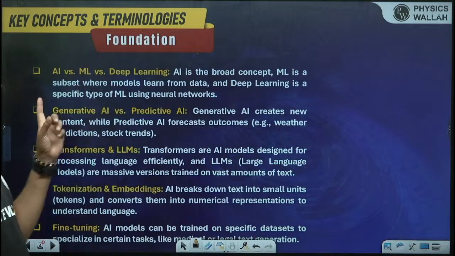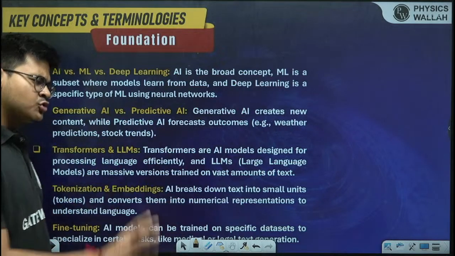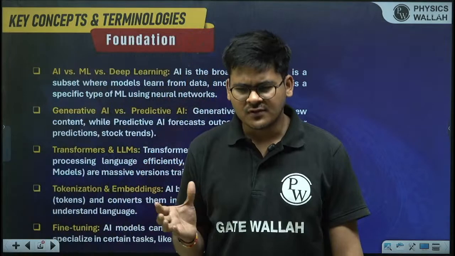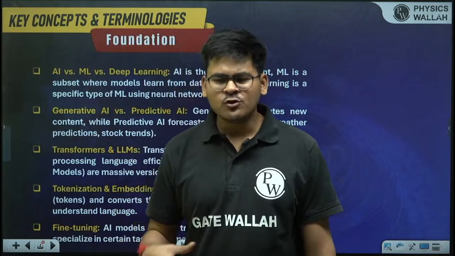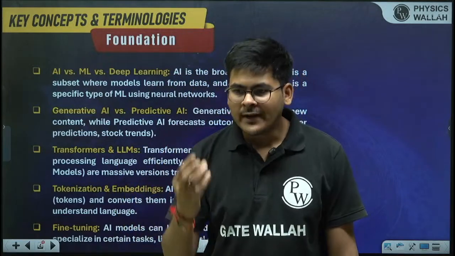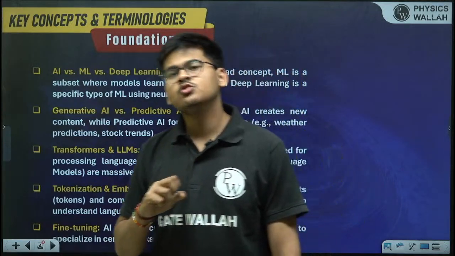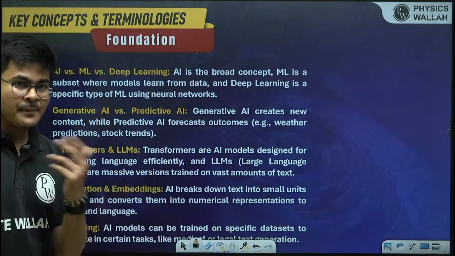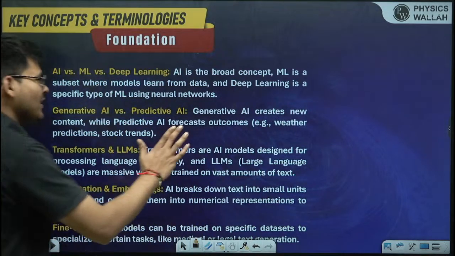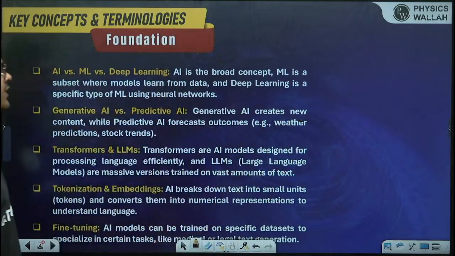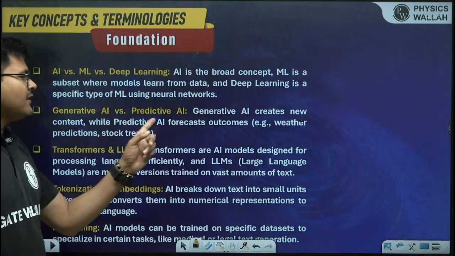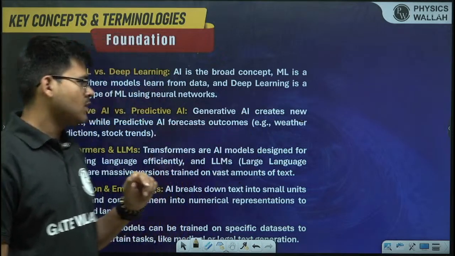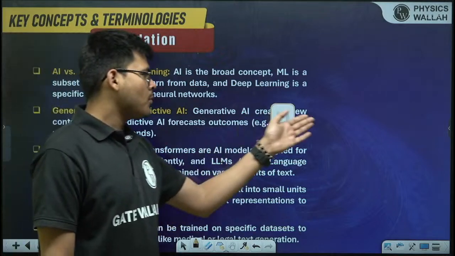Now, generative AI versus predictive AI. Predictive AI is also very famous. In fact, predictive AI used to be the most widely used use case of AI, because as the name suggests, it is used for prediction. Generative AI is used for creation. It creates new content, while predictive AI forecasts outcomes like weather prediction and stock market.